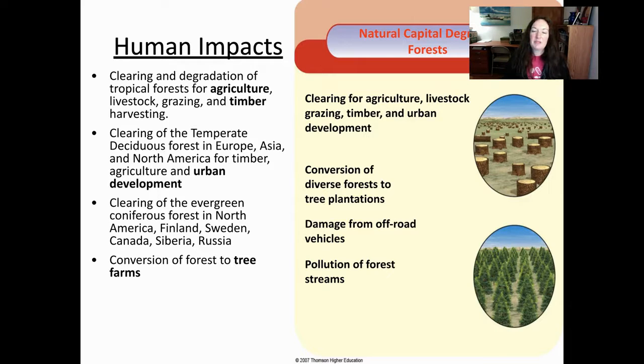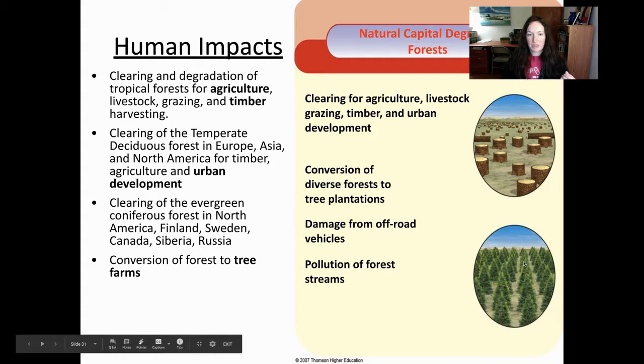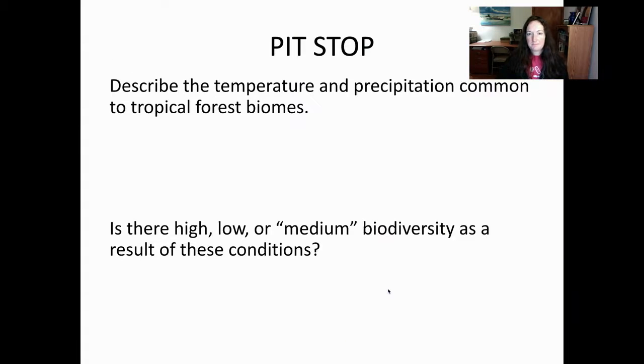Urban development is another thing that can cause problems in these forested areas. And then these tree farms, this is what I was talking about. Basically, you're planting a forest that is all one type of tree, and that really cuts down on your diversity further up the food chain when you replace old growth forests with this new lumber-oriented forest.